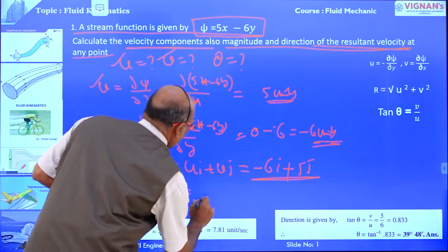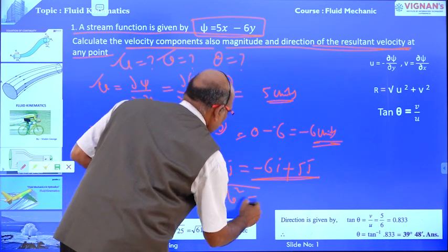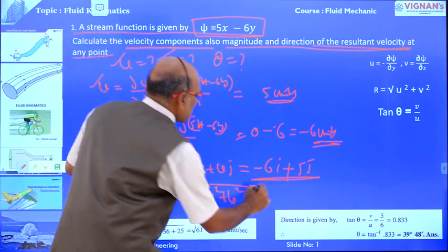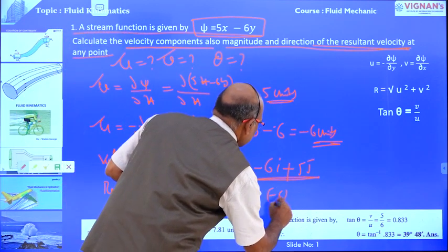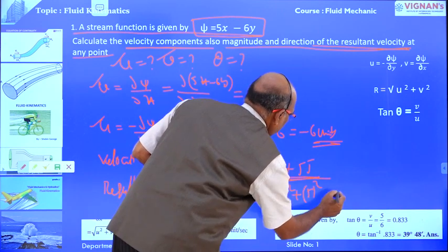But the resultant velocity is equal to, we know the formula, square root of u square plus v square. u is minus 6 squared plus 5 squared, under the square root.